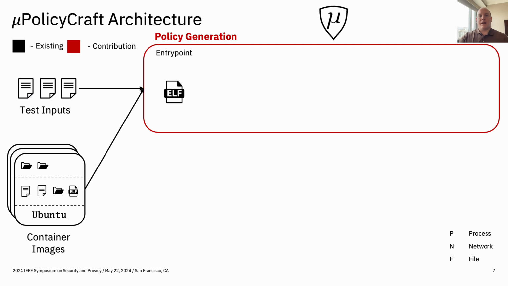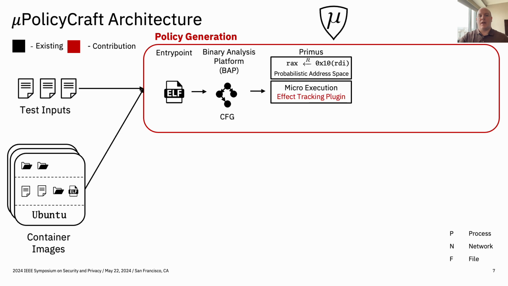Both of these are passed to a policy generation framework, which takes the binary file representing the microservice entry point, passes it to the binary analysis platform, which lifts the CFG and is passed to a microexecution framework, on top of which we implemented our effect tracking plugin.